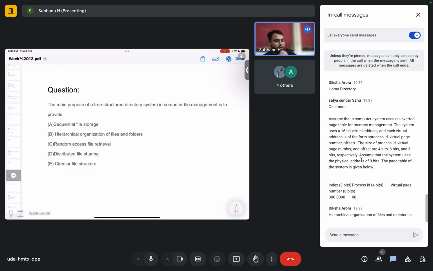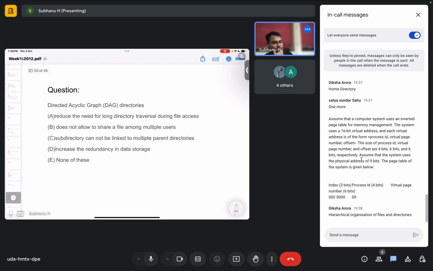Yeah. This is true. Hierarchical organizations of the files and folders. Okay.